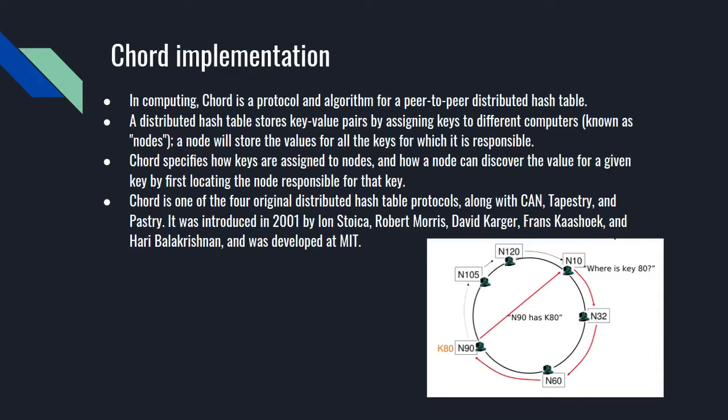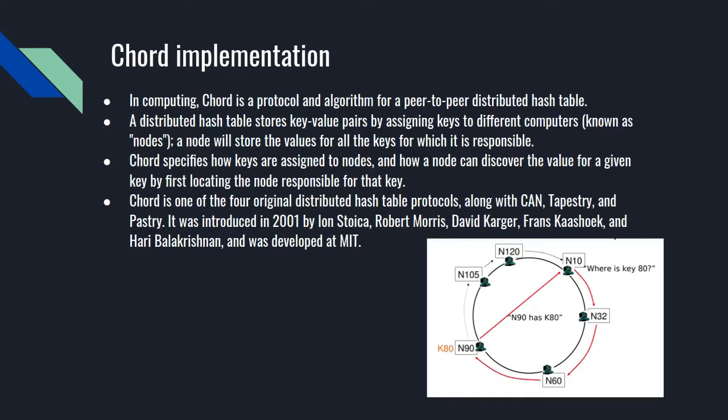So, for Chord implementation, Chord is a protocol and an algorithm for a peer-to-peer distributed hash table. A distributed hash table stores key value pairs by assigning keys to different computers, also known as nodes. A node will store the values for all the keys for which it is responsible. Chord specifies how keys are assigned to nodes and how a node can discover the value for a given key by locating the node responsible for that key.